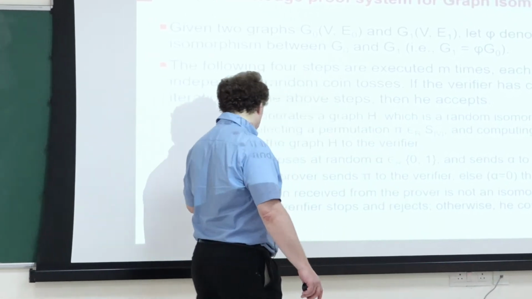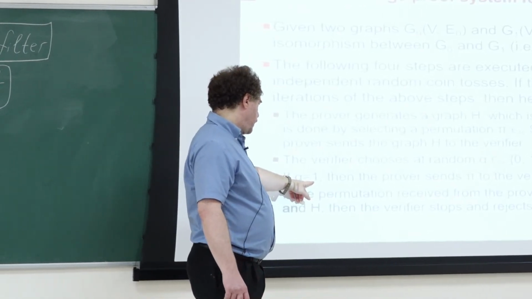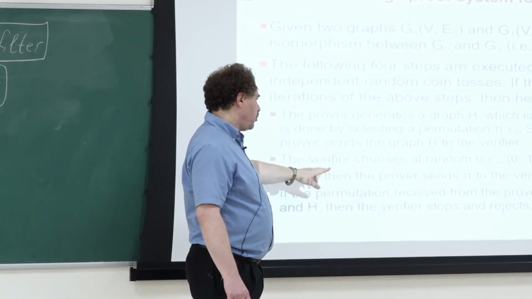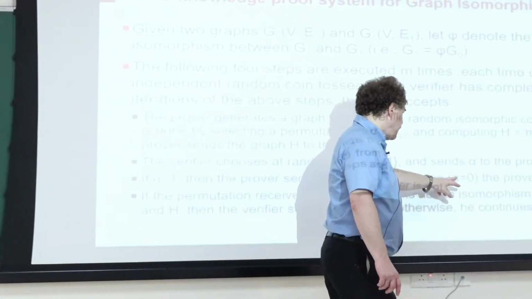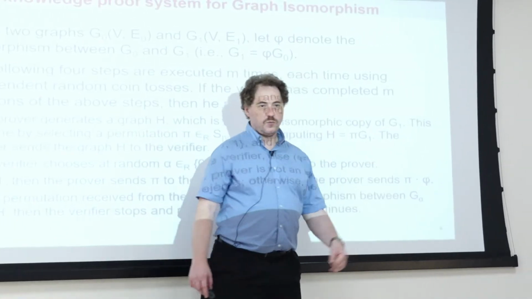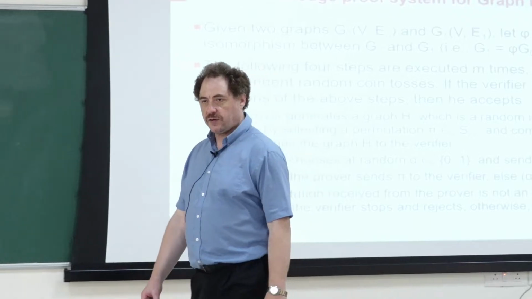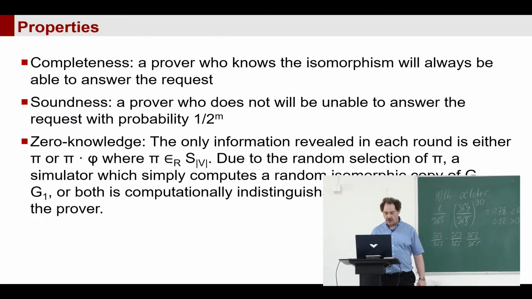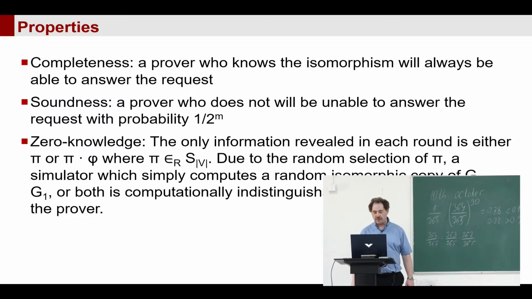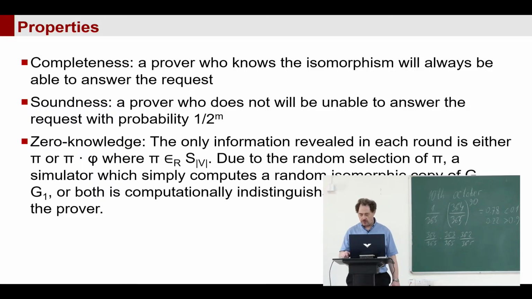So if alpha is equal to 1, then the cheating prover would still be able to send a correct answer to the verifier. However, if alpha is equal to 0, then the prover would not be able to satisfy the request of the verifier. So with probability 1/2, the verification fails. And again, we can repeat it n times. So at the end, a prover who is cheating, who doesn't know the answer, would be able to answer the request with probability 1 divided by 2 to the n.